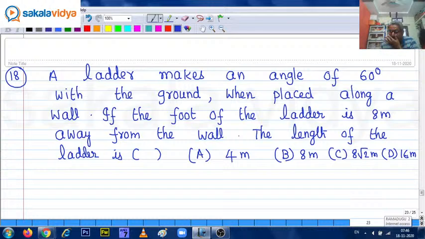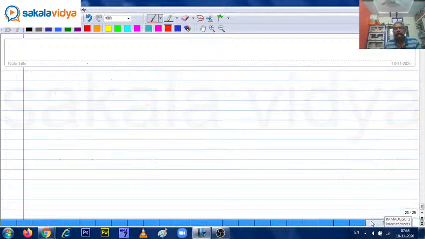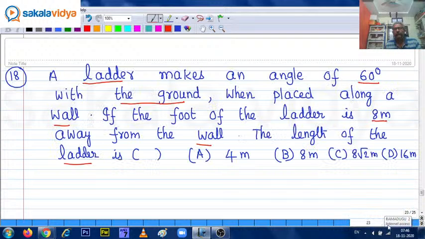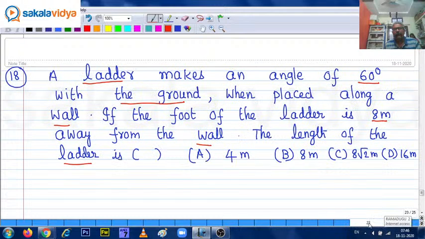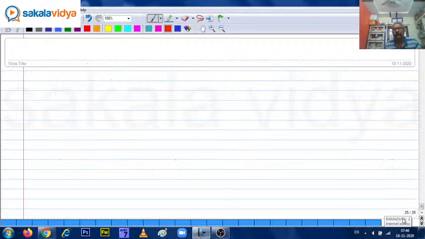So this will be a somewhat different problem. A ladder makes an angle of 60 degrees with the ground when placed along a wall. If the foot of the ladder is 8 meters away from the wall, we need to find the length of the ladder. Solution.